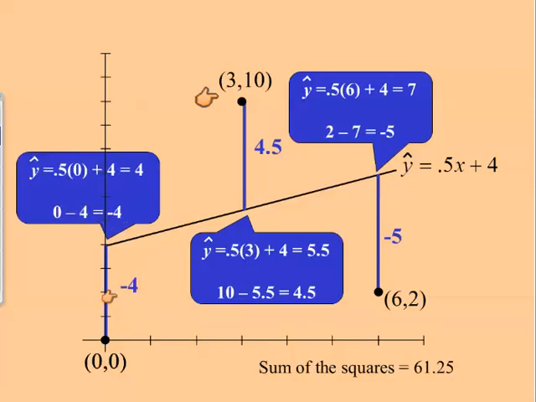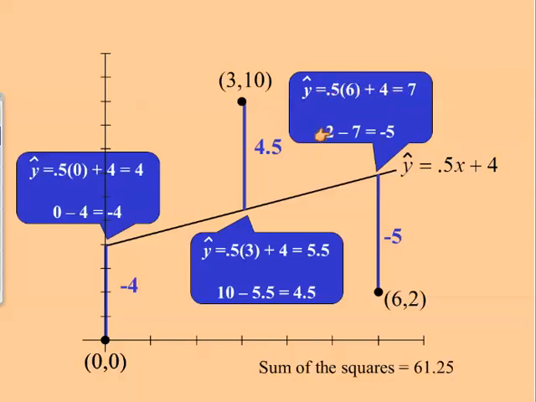If I do the same thing for 3, put 3 in for x, 0.5 times 3 plus 4 gives me 5.5. I take the actual value, 10, minus the 5.5, I have a 4.5. If I do the same thing for 6, 1/2 of 6 is 3, plus 4 is 7.